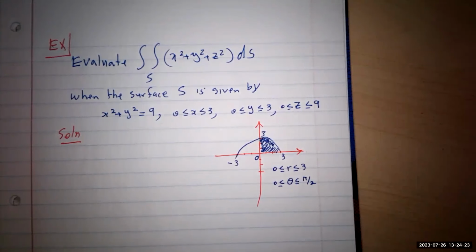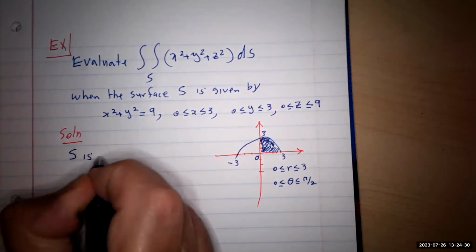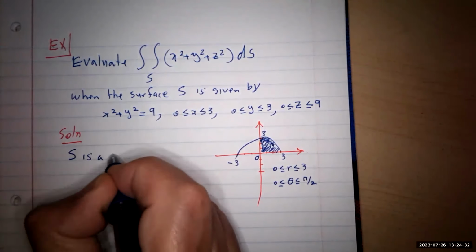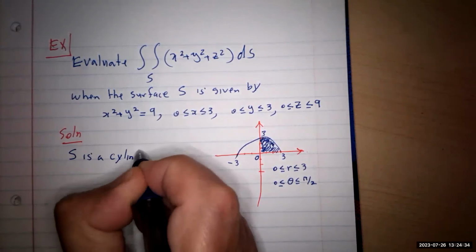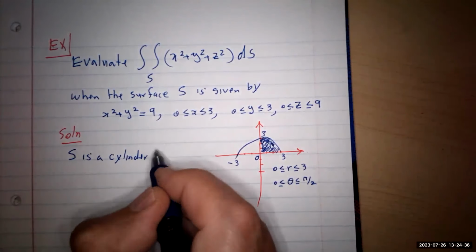Now you start with the fact that S is the cylinder, the surface is a cylinder. So you need a parametric equation.